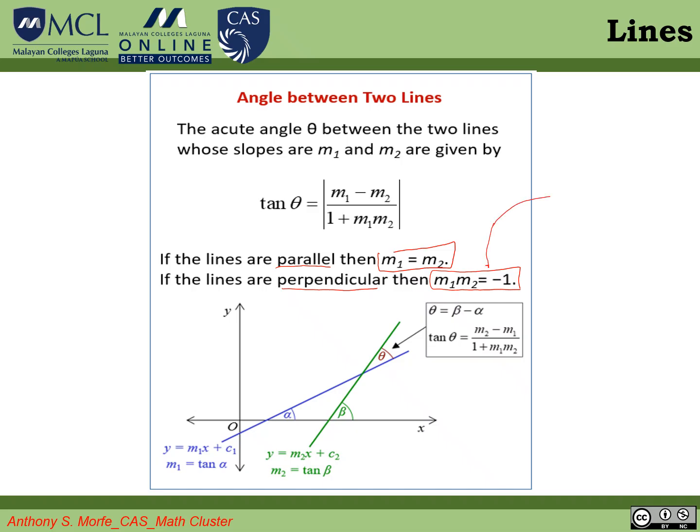This is coming from m2 equal to -1 over m1. So you cross multiply, so m1 times m2 equal to -1. That is where this formula is coming from. From this illustration, class, this can be derived. This is easy to derive. But now I will just use this formula.